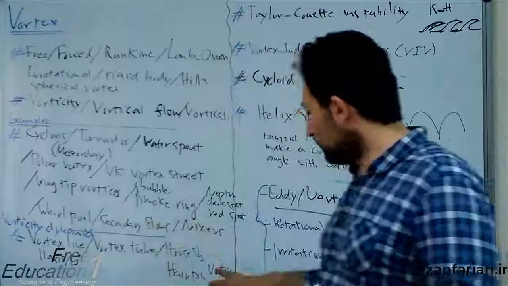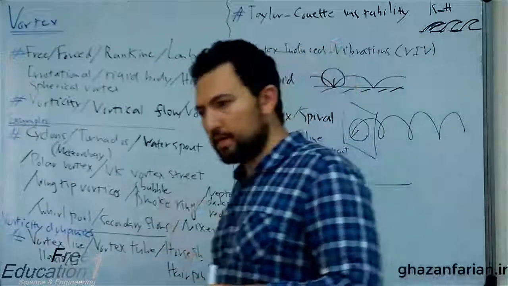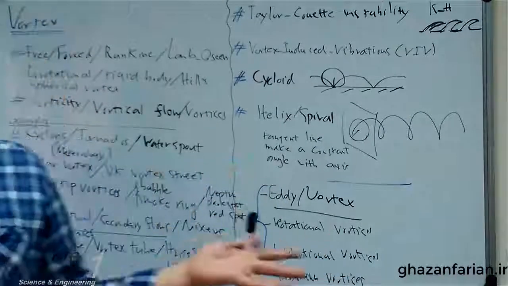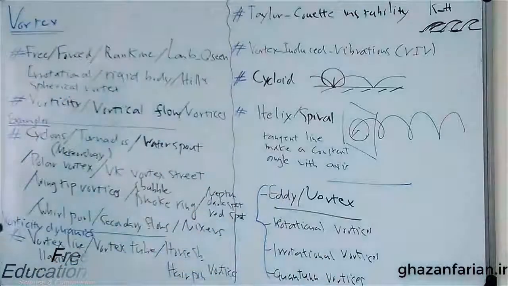These are important elements of vorticity dynamics in turbulent flow simulation, using large eddy simulations, for example, or studying the transition of flow or instability of flow, and so on.